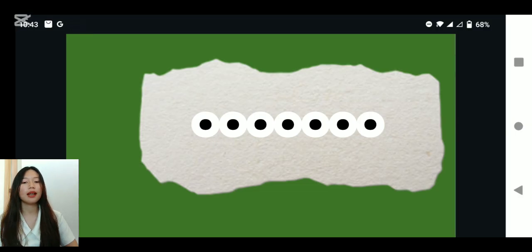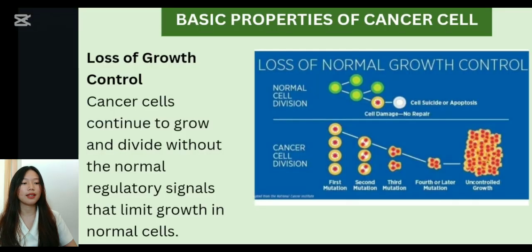So, napag-usapan na natin what is the meaning of cancer, what are the characteristics of cancer, normal cells and cancer cells, and na-discuss na natin yung morphology of normal cells and cancer cells. So, let's move to the basic properties of cancer cells. The first basic property is loss of growth control.